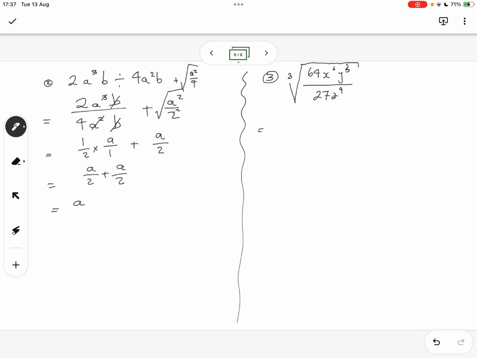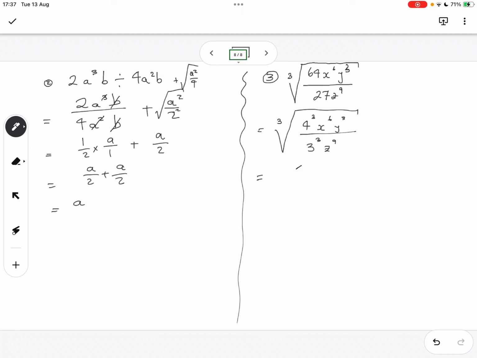So this would equal, let's see, I wouldn't know that one off by heart. 64. Oh yeah, so it's 4. So that would be the cube root of 4 to the power 3, x to the power 6, y to the power 3, over 3 to the power 3, z to the power 9.